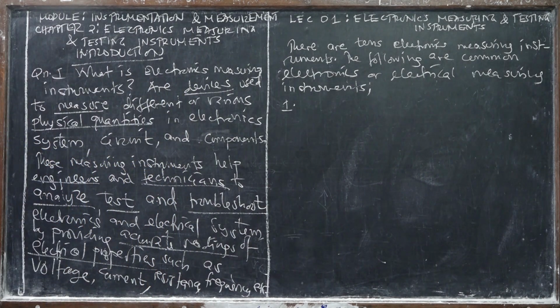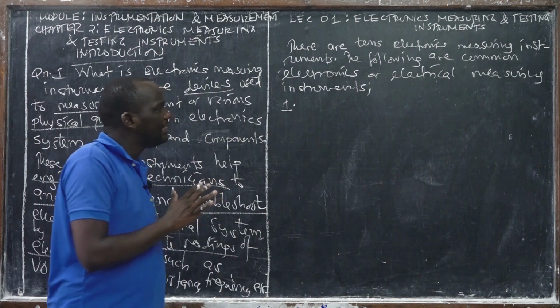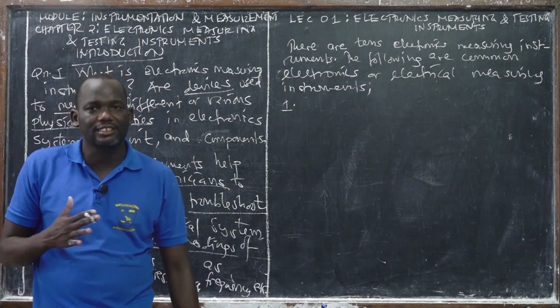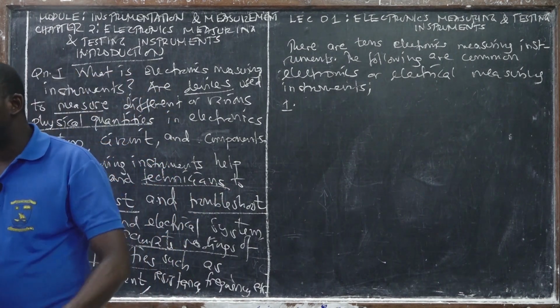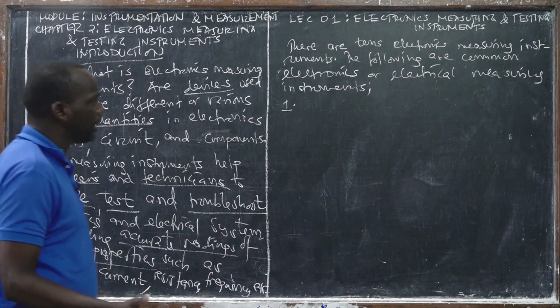Separating when I'm going to list these measuring instruments is very important for you to follow. The first one, we mention these measuring instruments according to how they exist physically. Listen, attention please, stop writing.